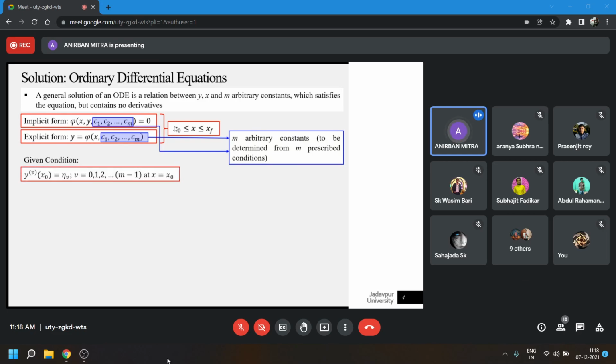And the given conditions could be like this. That is, y^(v) at x0 is equal to eta v, where v varies from 0, 1, 2, and going up to m minus 1 at a particular value of x. Let's say at x equal to x0. So at a given value of x, at x equal to x0, we are provided with, let's say, y.